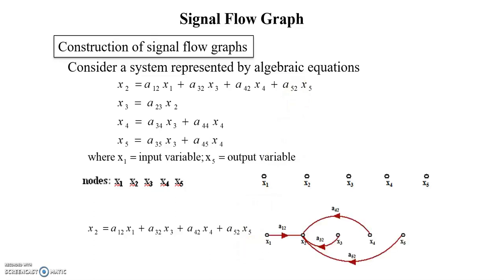Here you put X2, and X2 is nothing but A12 X1. You connect like this, and then the next one is X3. You draw the branch A32 in this direction, and similarly X4 with A42 and then X5 with A52.